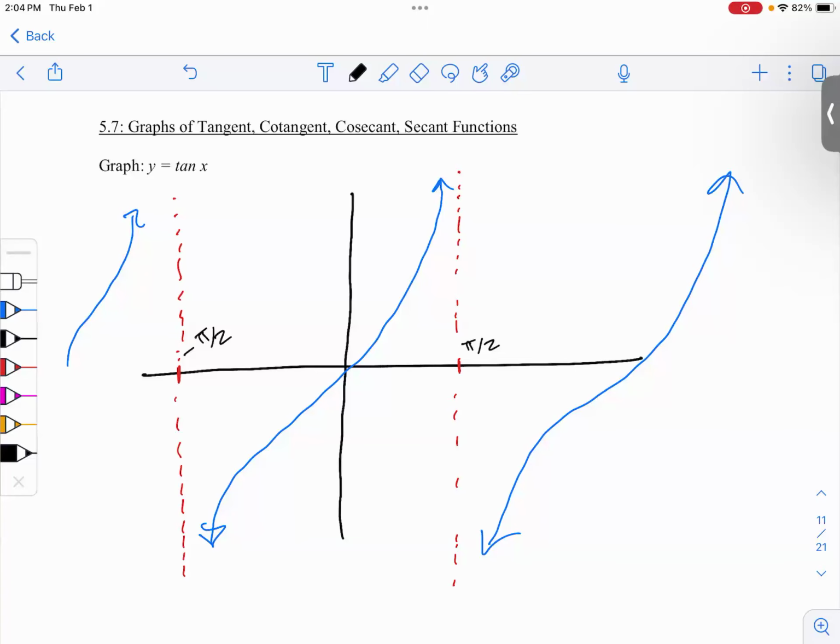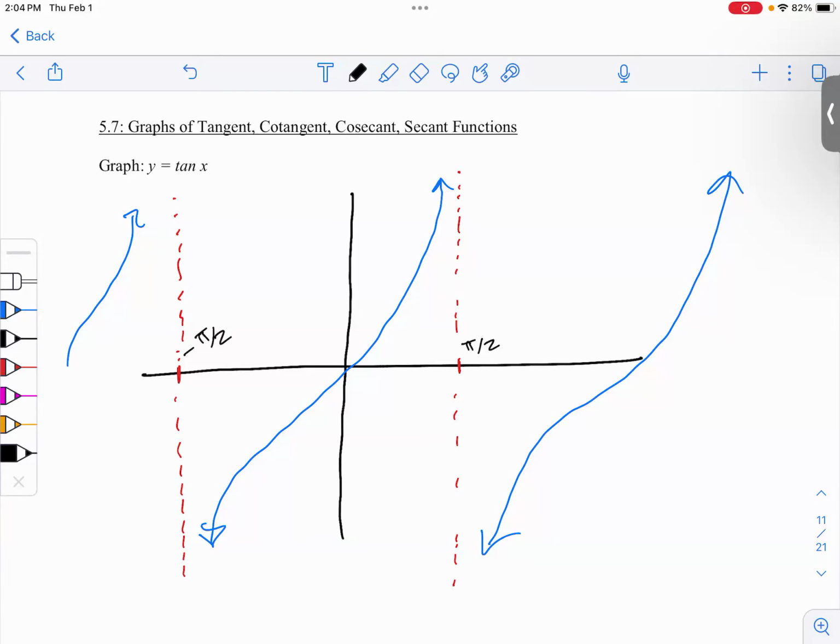It's actually much, much easier, right? Tangent, you need really only 3 points. You need its origin point, then you need its 2 asymptotes, because these basically extend forever. So tangent, you actually only need 3 points.